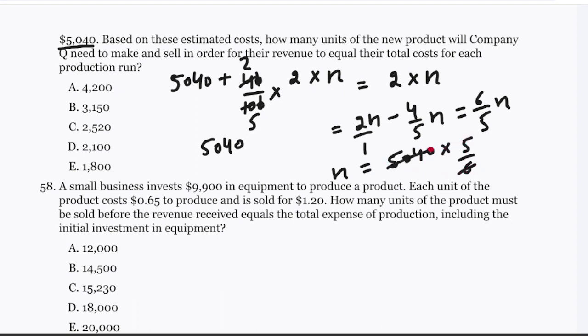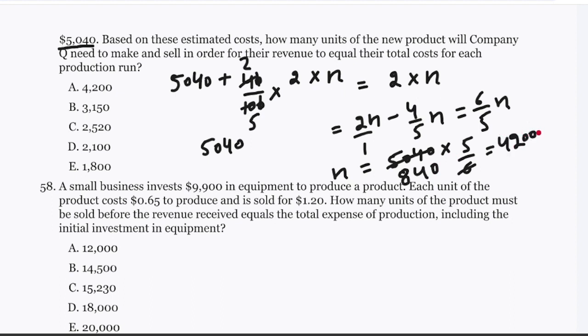That is 6 into 8, 48, and 6 into 4, 24. 840 into 5, that is 4200.